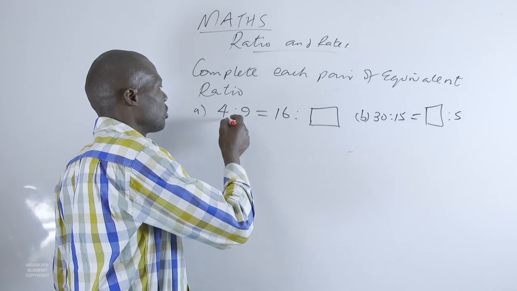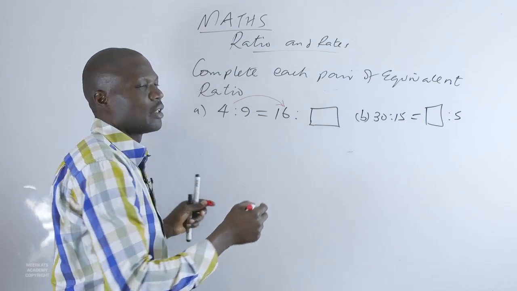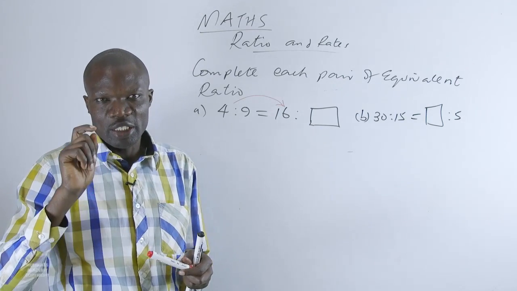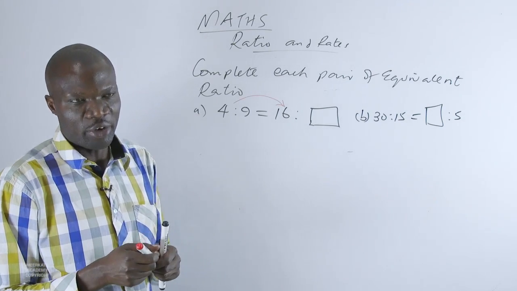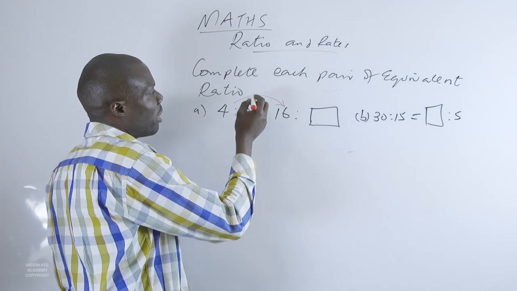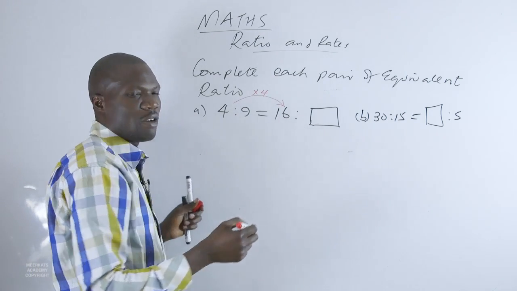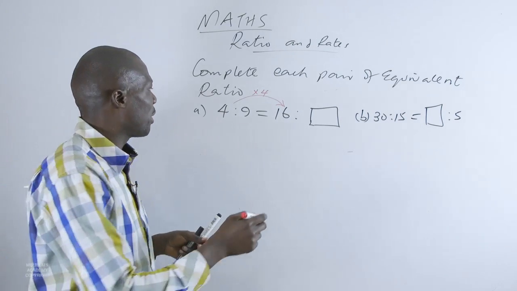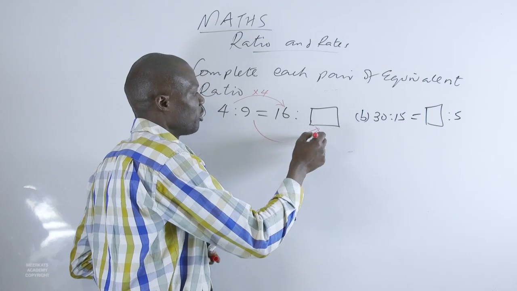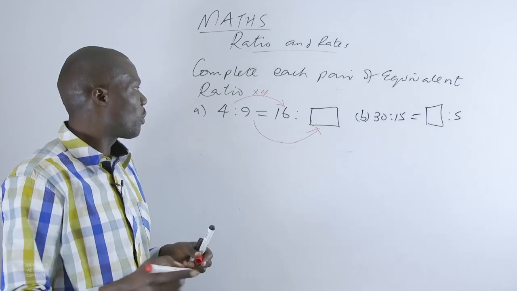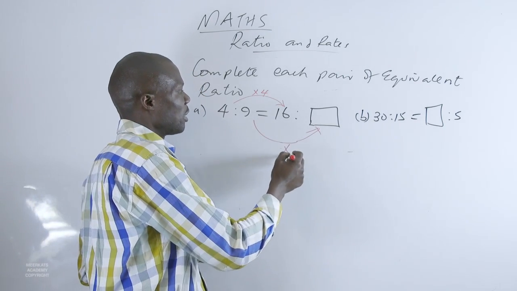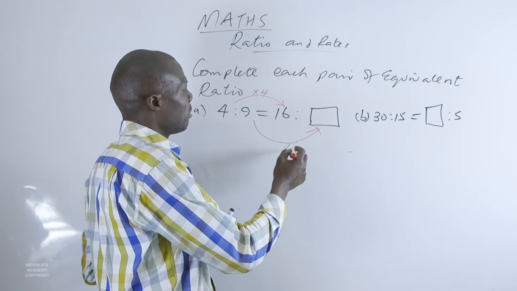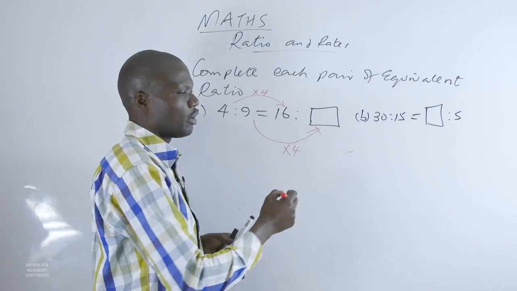So what happened to 4 to get 16? You'll all agree with me that 4 was multiplied by another 4 to give us 16. The same will apply to the second digit. For us to fill that box, we shall be required to take 9 and multiply 9 by what? Multiply 9 by simply 4.